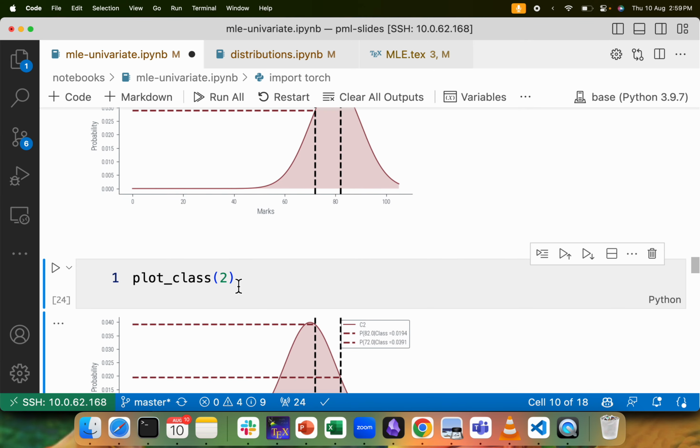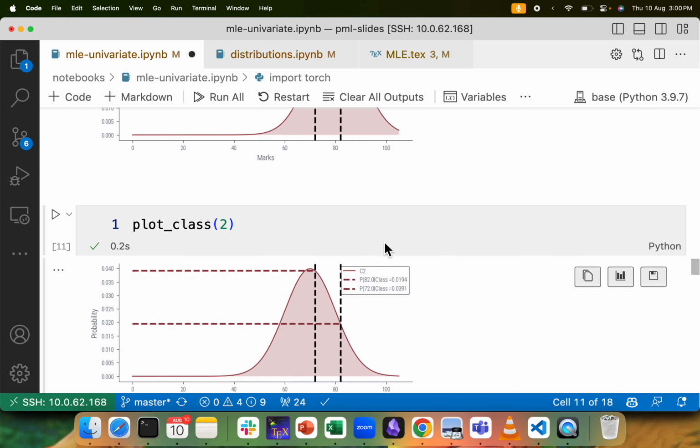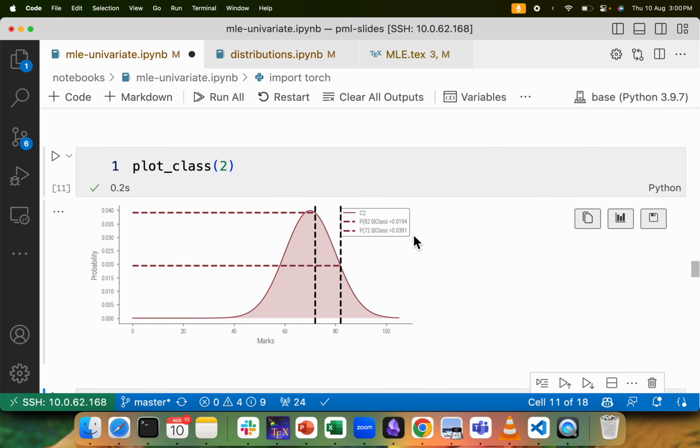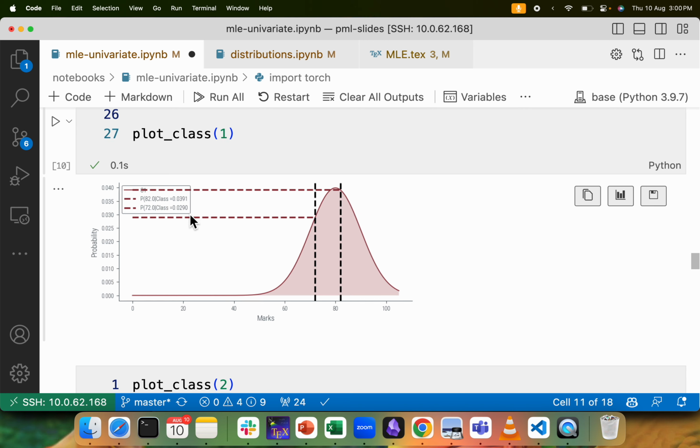I'll do the same thing for class 2, and I get numbers for getting 82 as 0.0194 and for getting 72 as 0.0391. So the probability of getting 72 is much more for class 2 compared to class 1. Compare this 0.0391 with 0.0290, which makes sense because the mean of class 2 is 70 whereas the mean of class 1 was 80.